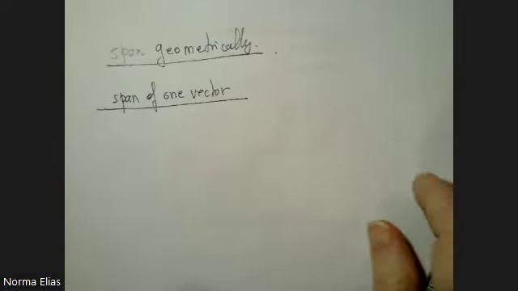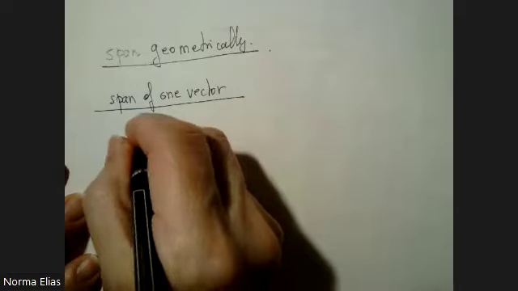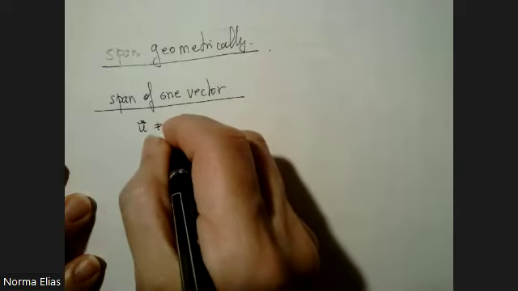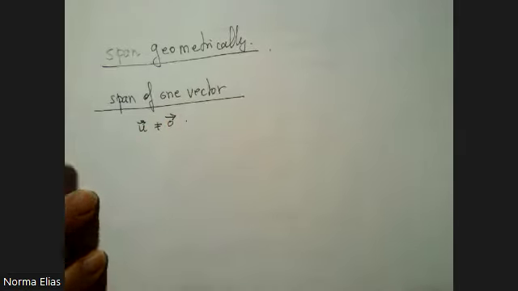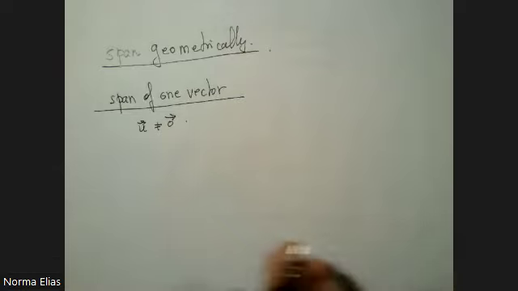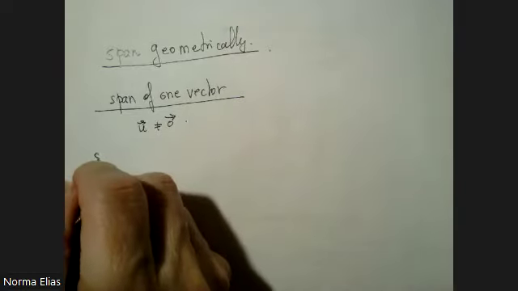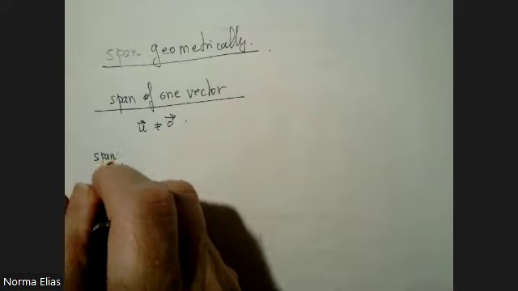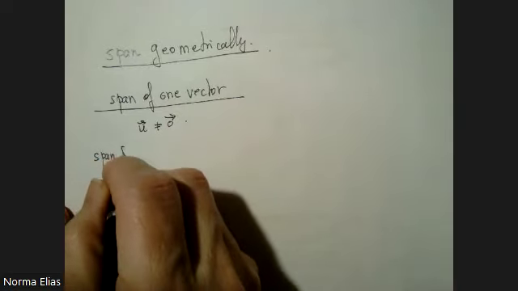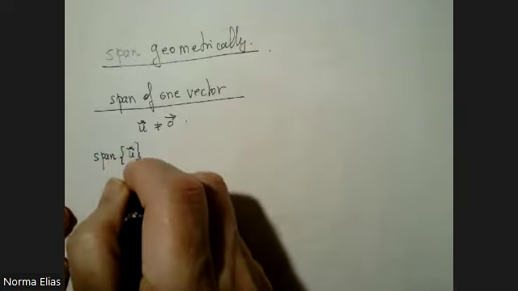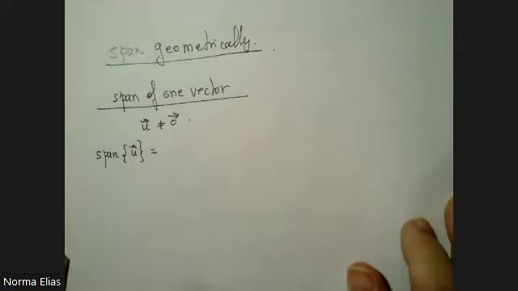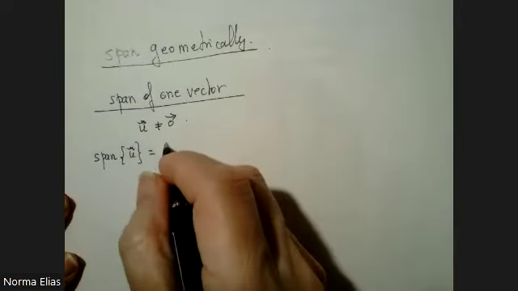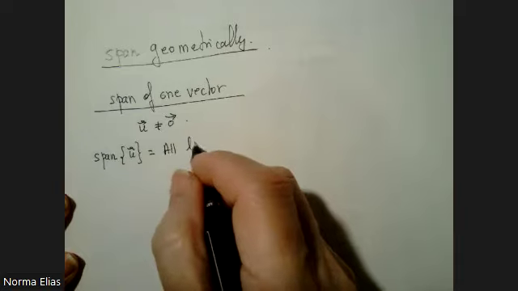So suppose I have u any vector. Suppose u is a non-zero vector. So what is the span of u? Okay, algebraically, the span of u is all linear combinations of the vector u.